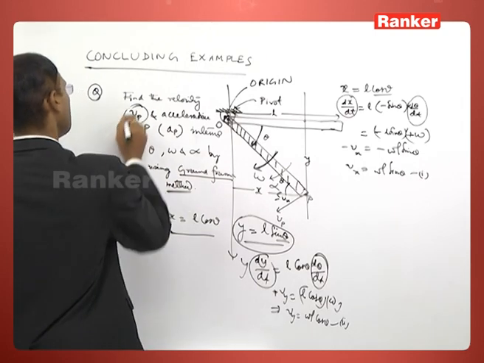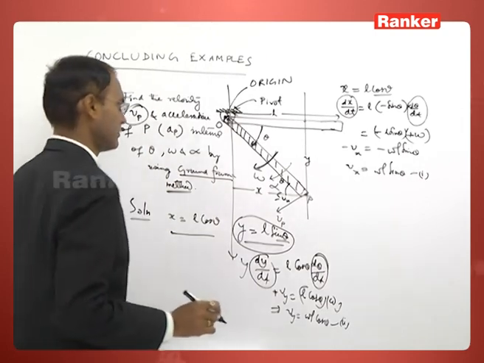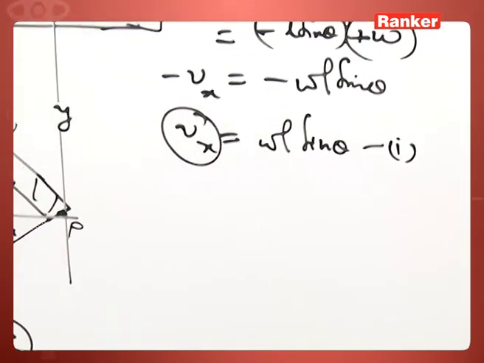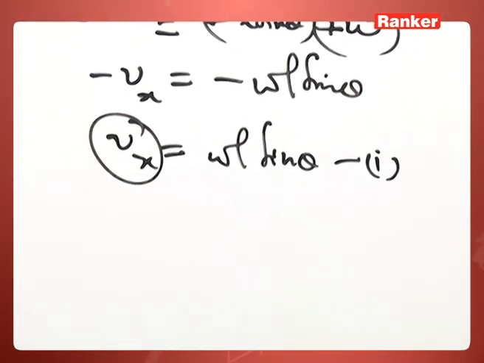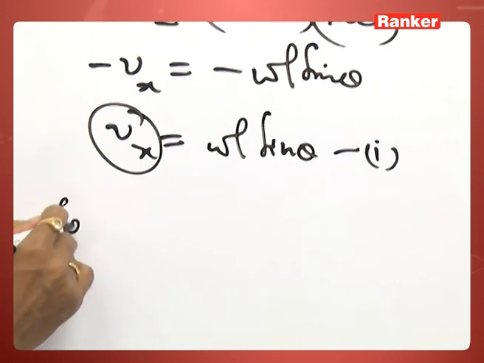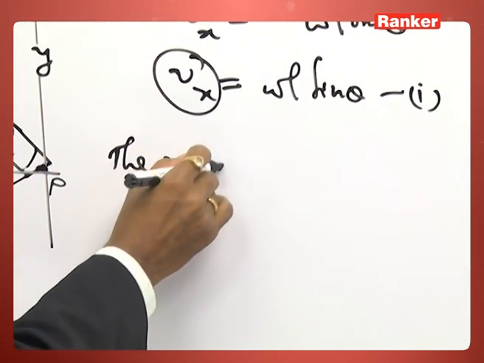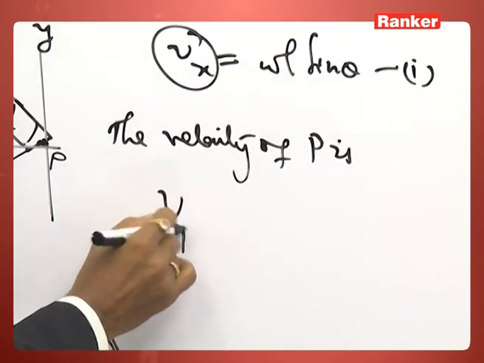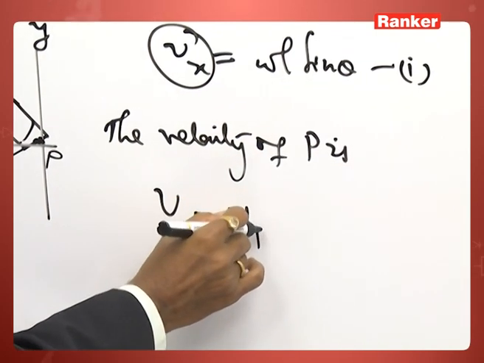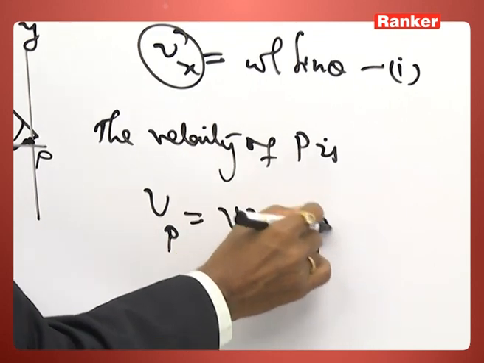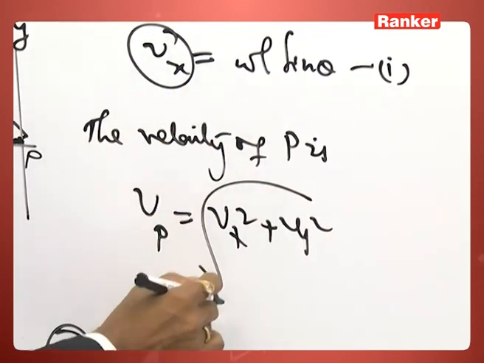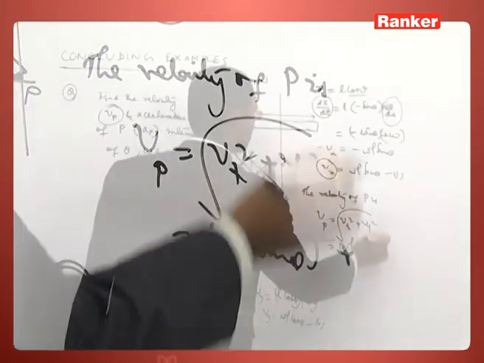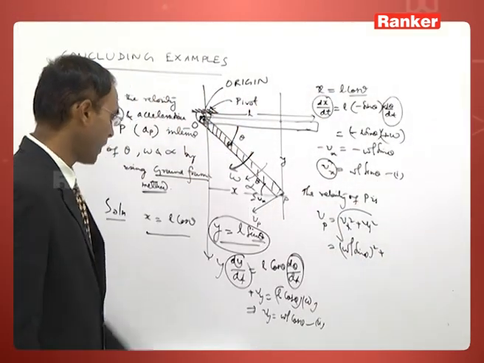We want the velocity of this point. We know the x component of the velocity of this point and its y component. The velocity of P is given as Vp equal to square root of Vx square plus Vy square. What is Vx? Omega L sin theta, square of this, plus what is Vy?